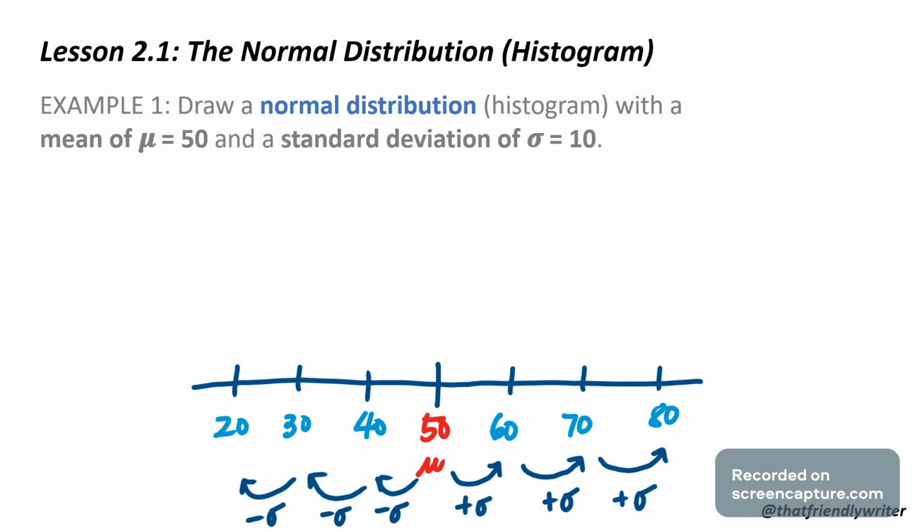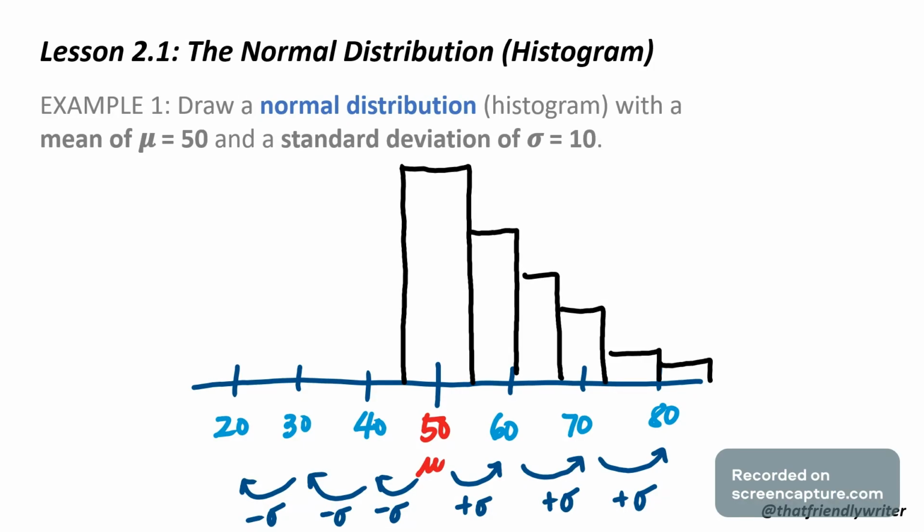Next, we sketch the bins. We should note that the highest point should be at the mean 50. Therefore, this marks the highest in our distribution. And then, we're going to put in decreasing frequency. It means we're going to decrease the counts of the values. So 60, 70, and 80 will have a decrease in their frequencies.